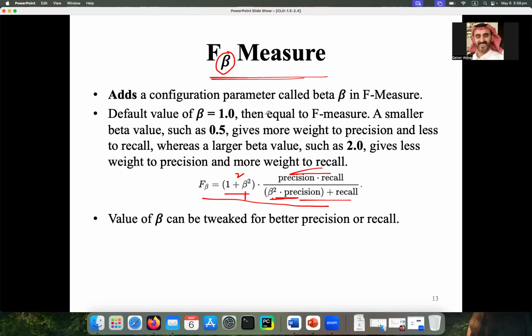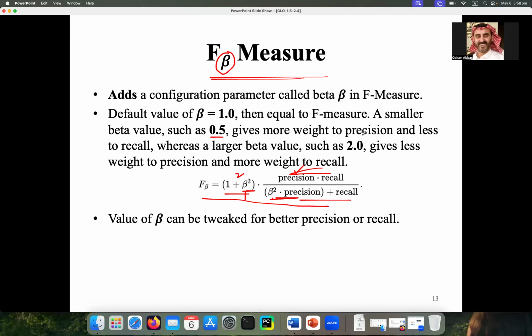And if you give some smaller value to beta, like 0.2, 0.3, 0.4, 0.5, then the weightage of precision in this equation will be higher as compared to recall.